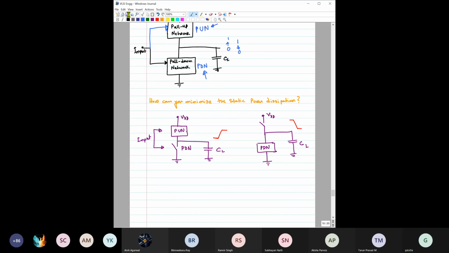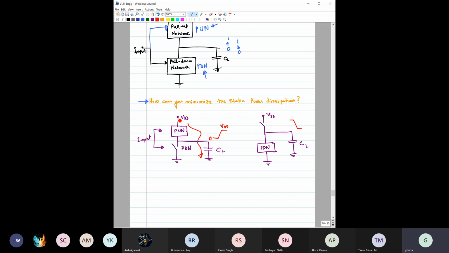Now, again, as you can see from here, how can you minimize the static power dissipation? Suppose you can choose your pull up and pull down network such that when the capacitor is getting charged, that means the capacitor voltage is rising from 0 to VDD, during this time the pull down network is open.